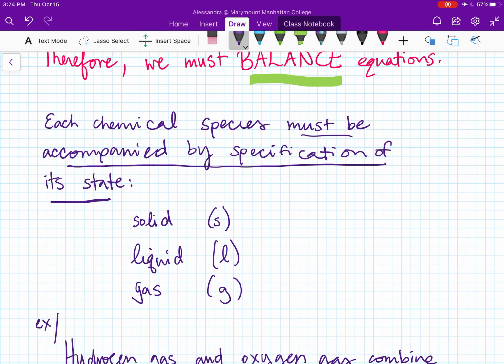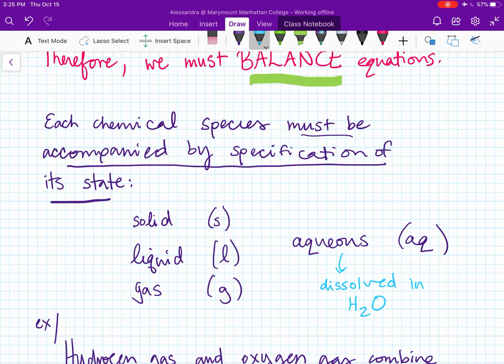Gas, which you can denote with a lowercase g. And aqueous. Aqueous means dissolved in water, and you can denote aqueous with a lowercase aq in parentheses. And again, like the name implies, that means that whatever species you're talking about is dissolved in water.